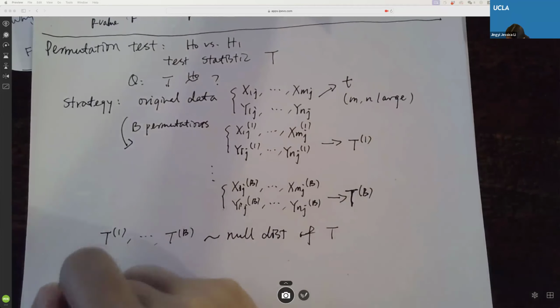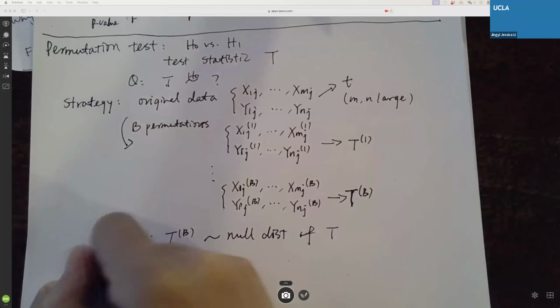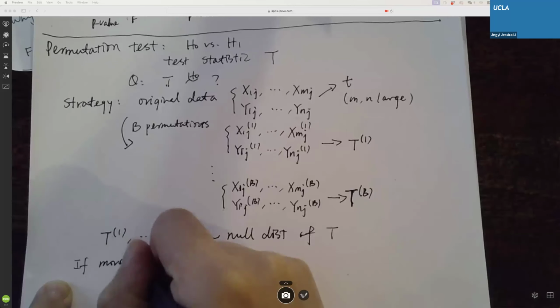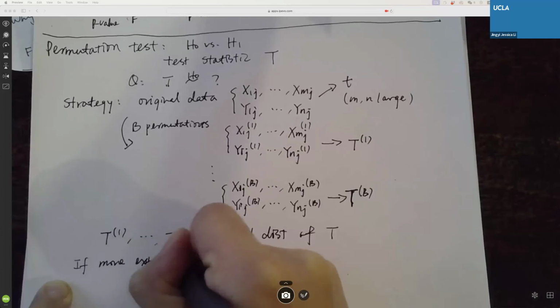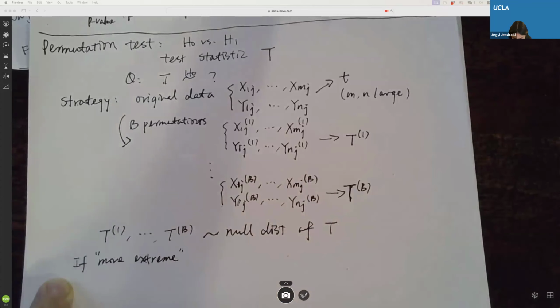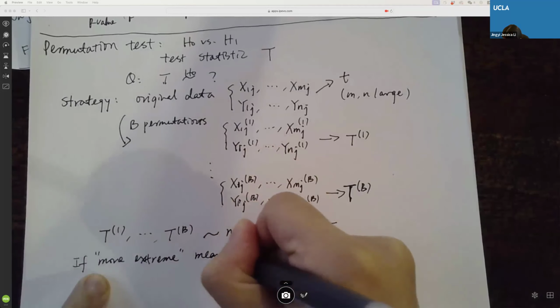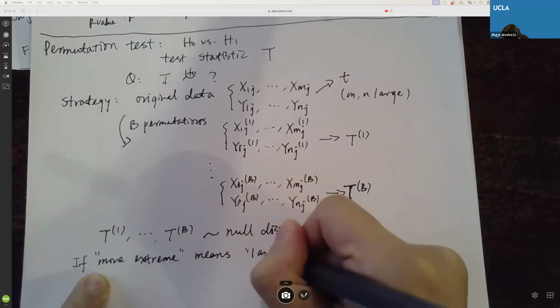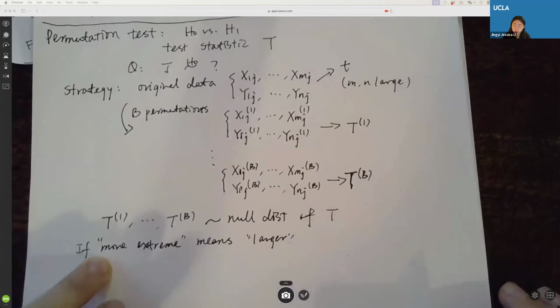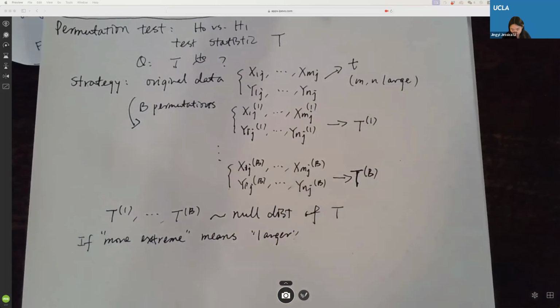So for example, more extreme. The p-value calculation will have this saying of more extreme, right? So if this more extreme means larger, it could be smaller, or it could be absolute value being larger.